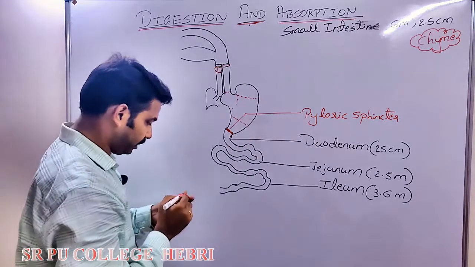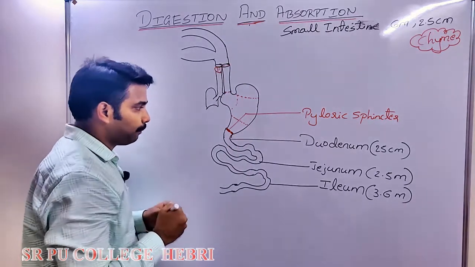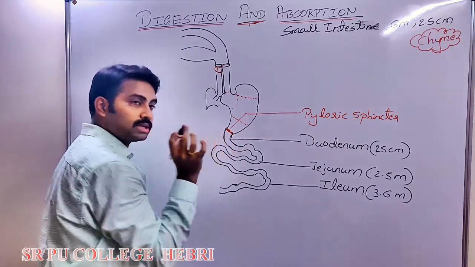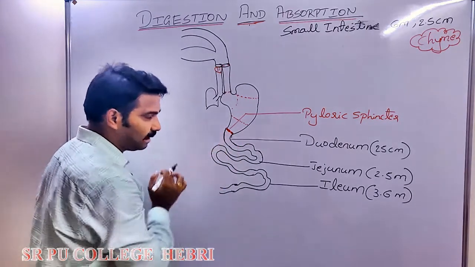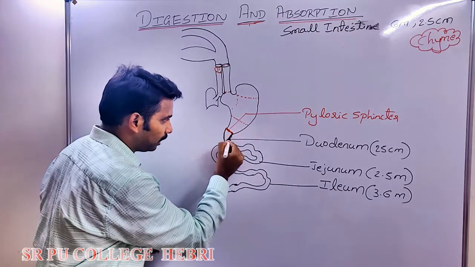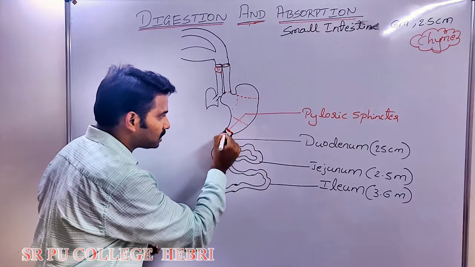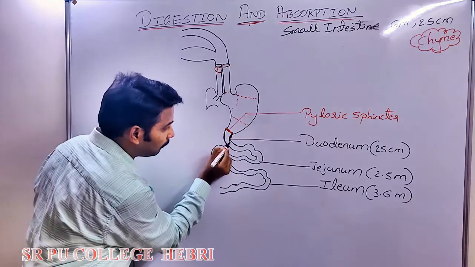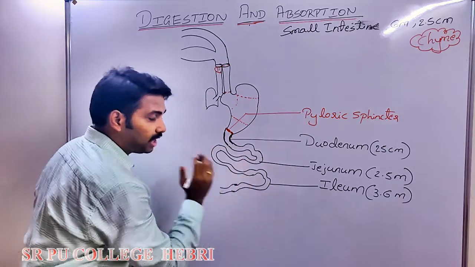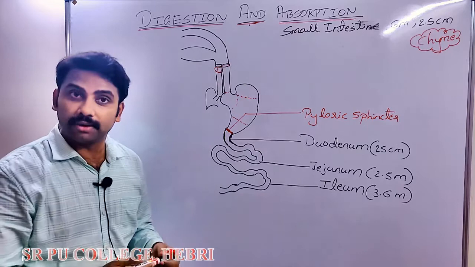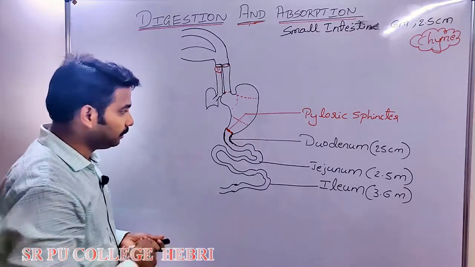That is very important. And another very important thing is that mucosa is the innermost lining in the wall of the intestine. I already told you about it. The mucosa is very thick in the duodenum when compared to jejunum and ileum. Can you guess what could be the reason for this? I repeat the statement.